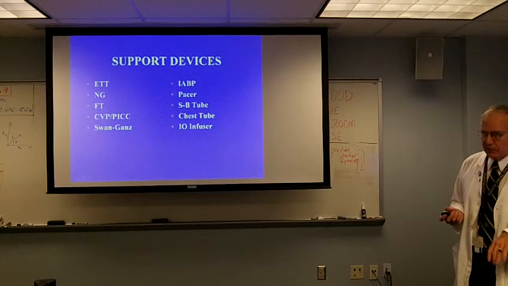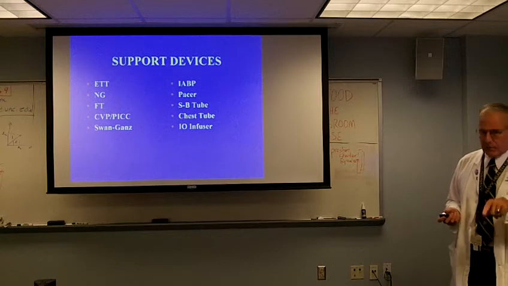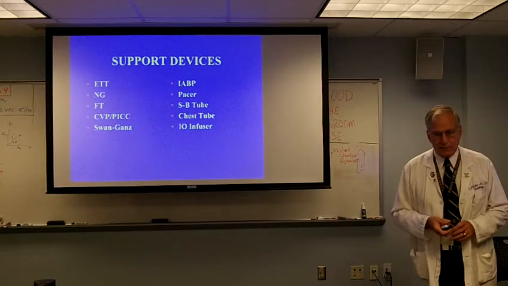It's the intraosseous infuser. How many of you have encountered that? It's becoming more and more common as first responders are utilizing that. And I've got an article in the handout at the very back about the intraosseous infuser.